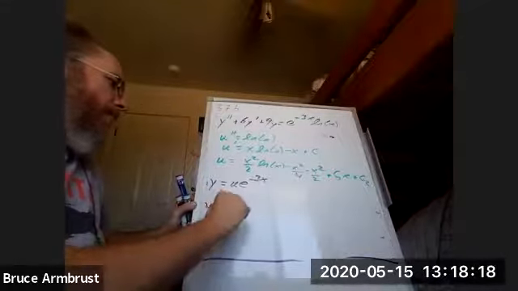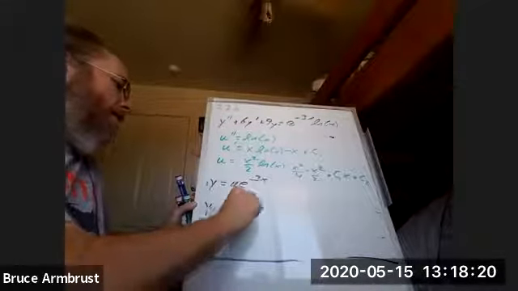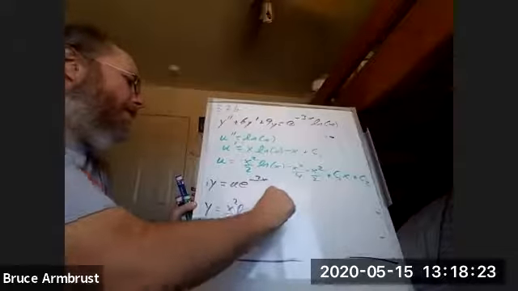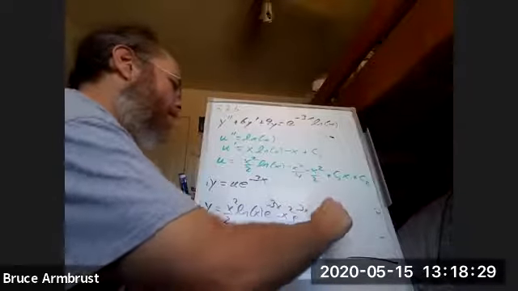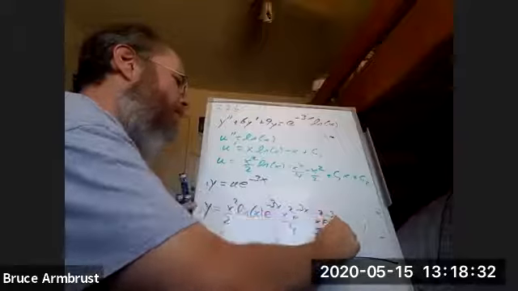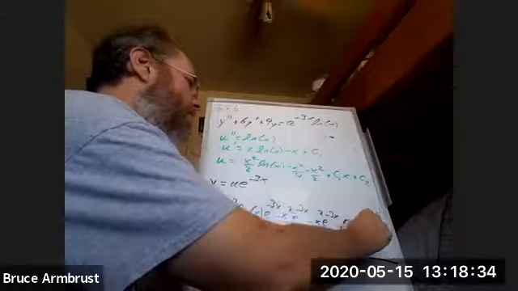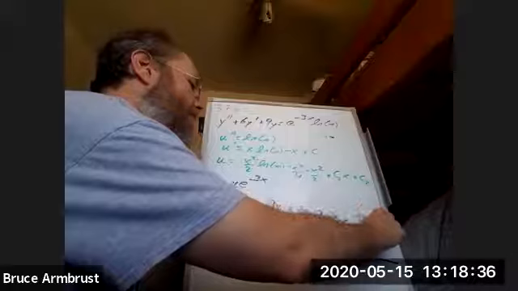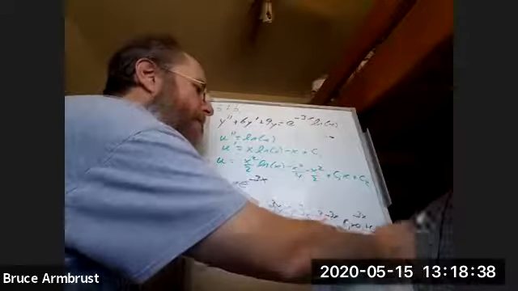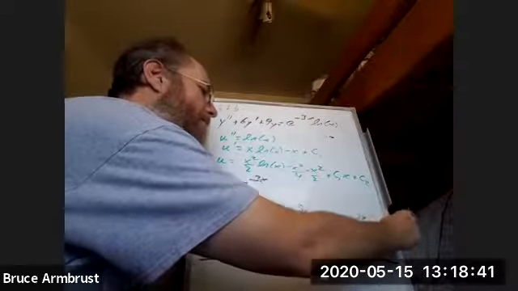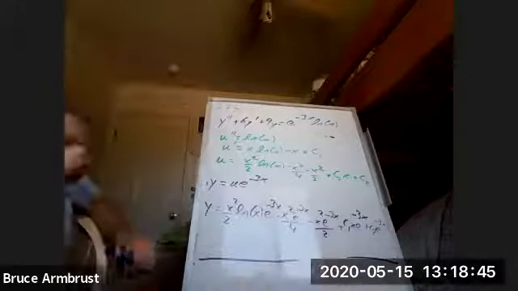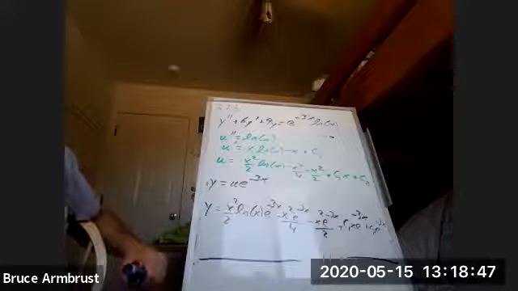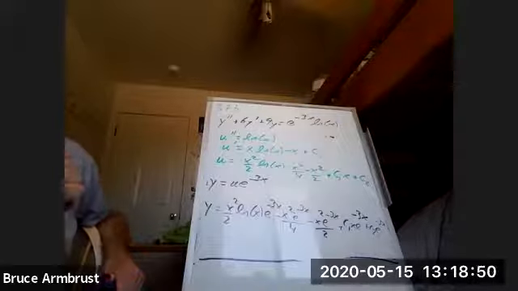And so we get x squared over 2 natural log of x e to the minus 3x minus x squared e to the minus 3x over 4 minus x squared e to the minus 3x over 2 plus c1 x e to the minus 3x plus c2 e to the minus 3x. And there's your solution.